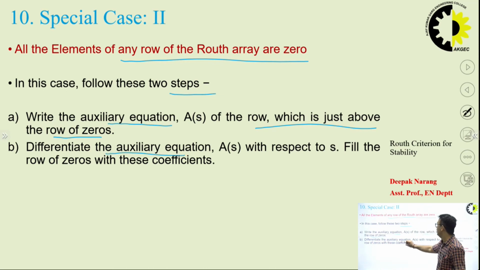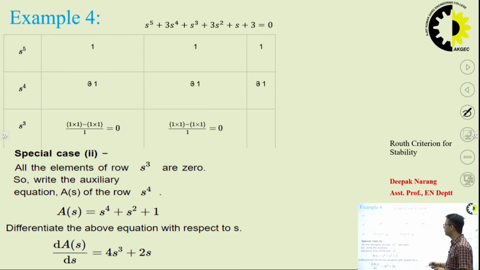Differentiate this auxiliary equation with respect to S and fill that row which has become 0 with the coefficients of this differentiated auxiliary equation. Let us understand this concept by considering one example.